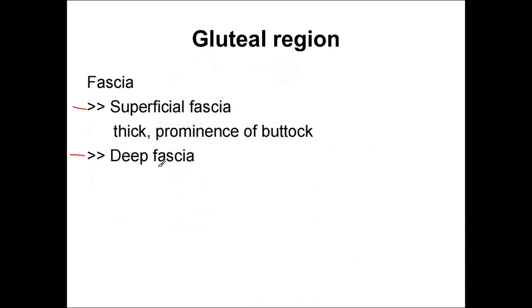Then there will be a thickening of deep fascia from the iliac prominence to the tibia, which is called the iliotibial tract. So from the iliac tuberosity down towards the tibia, that thickening of the fascia lata is called the iliotibial tract. The iliotibial tract also acts as an attachment.